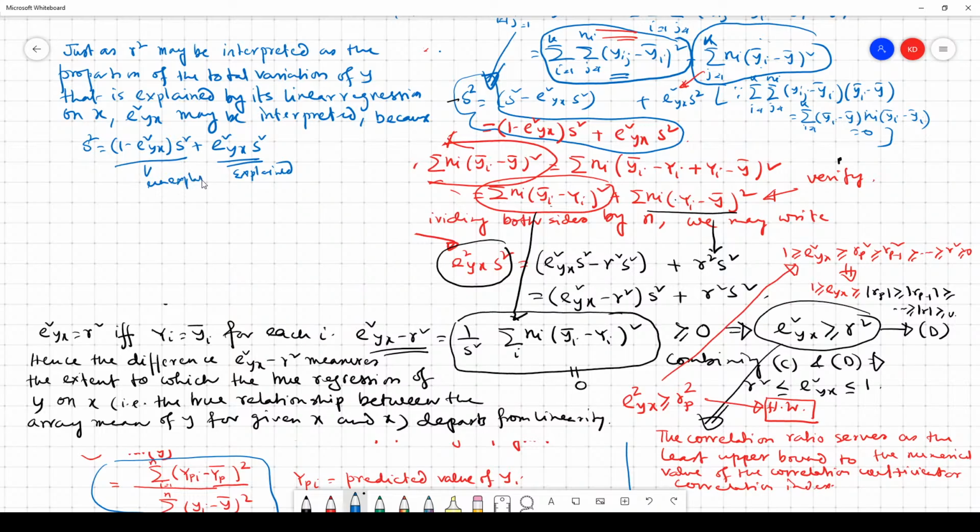Because the total variation can be split into two parts, the explained and unexplained part, e square yx is the proportion that is explained by the array means of y for given x values.